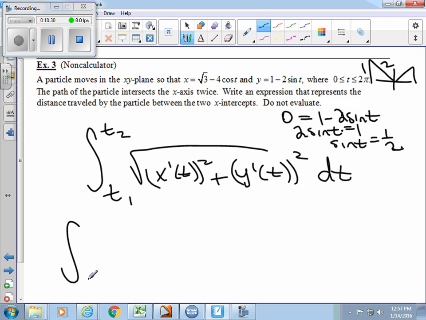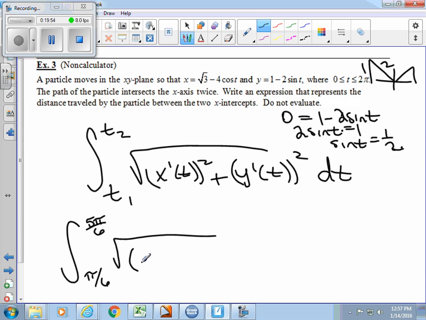So I'm going to take the integral. X prime, what happens to the radical 3 when I take the derivative? Goes away.